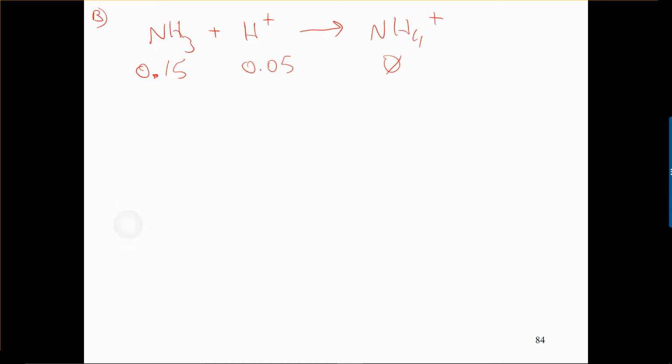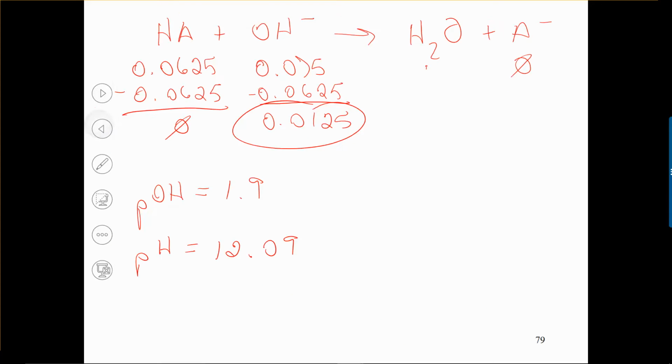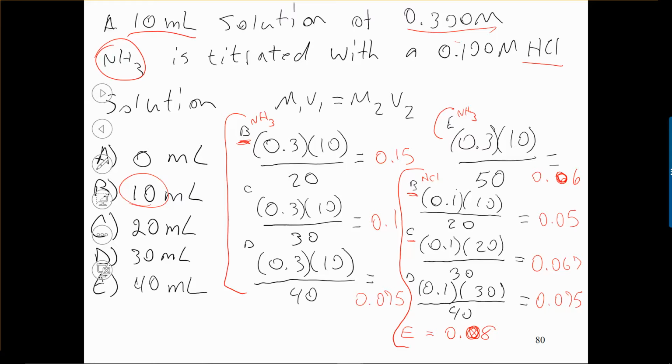Let's go back to this page up here. In situation B, I will have concentration left over. Situation C, will I have acid and base left over? Yes, Henderson-Hasselbalch. Situation D, no. So I cannot use Henderson-Hasselbalch on situation D.